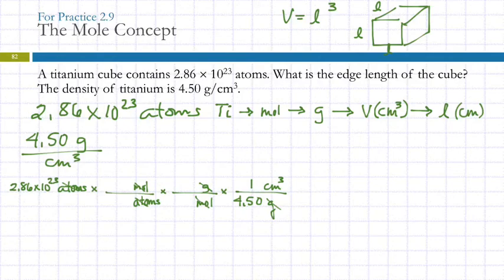Where'd you go? 47.87. So 47.87 grams is the mass of 1 mole of titanium atoms. And then we've got the mole and the atoms again, like the dozens and the eggs. So 1 dozen is 12 eggs. 1 mole is the crazy number.